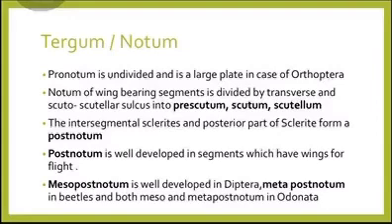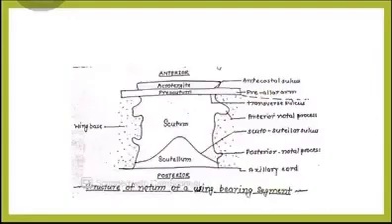Here is the diagram. Here in the diagram, as you can see, there is the transverse sulcus. Then comes the scutoscutellar sulcus. It is dividing the notum into prescutum, scutum, and scutellum.